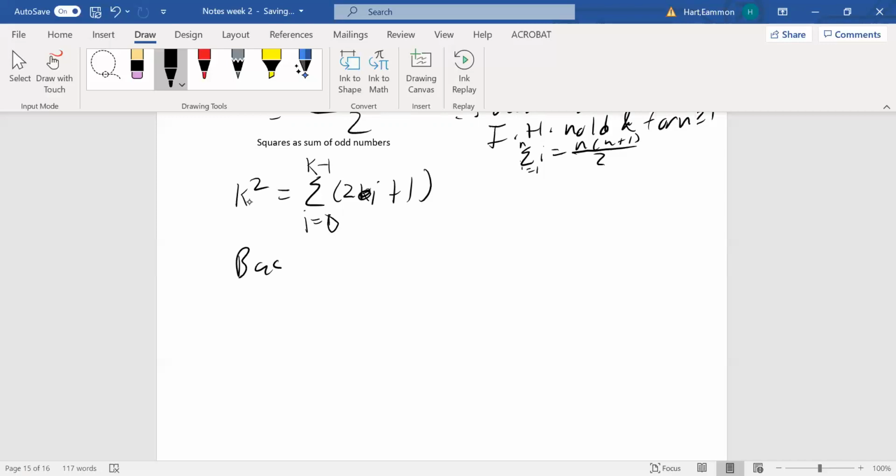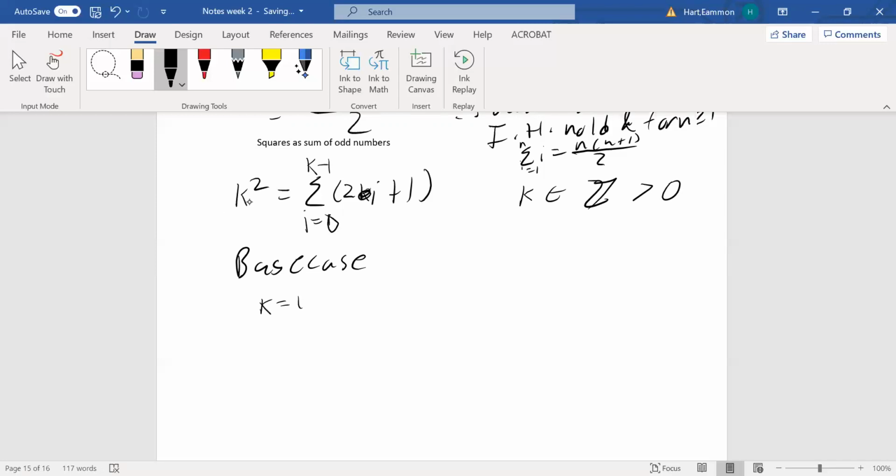Base case: k is an integer greater than 0, so k is a positive integer. The base case is going to be k equal to 1.